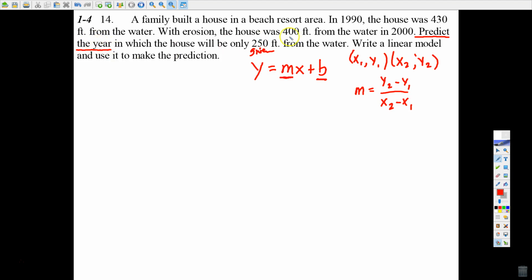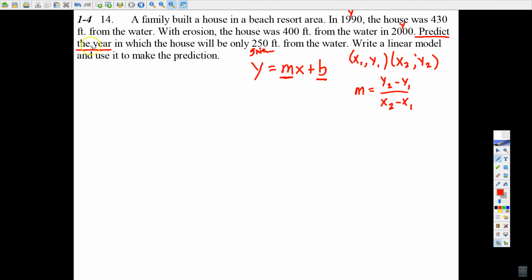Alright, so whatever it is, look at what the problem is asking for. And whatever it is that the problem is asking you to determine or to figure out, you can go through your problem at that point. In this case, for years, every time you see a year, you can put a little y above it, if that helps. Because that is what the problem is asking us to determine or figure out.